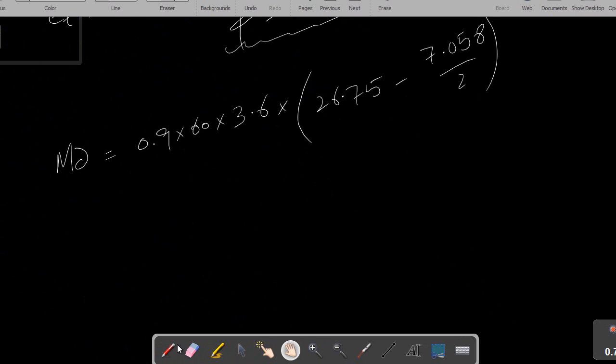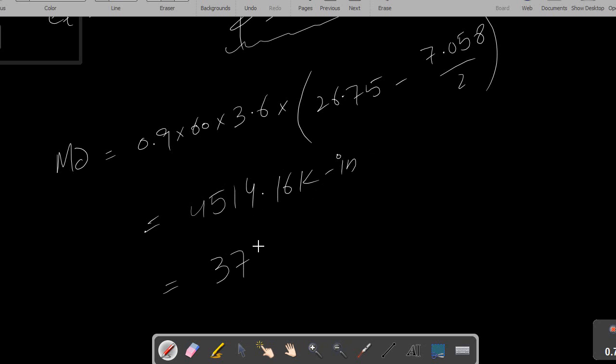From this I got the value for phi Mn, that is 4514.16 kip-inch. If we convert to feet, we get 376 kip-feet, and this is well above the required Mu, that is 352.4 kip-feet.